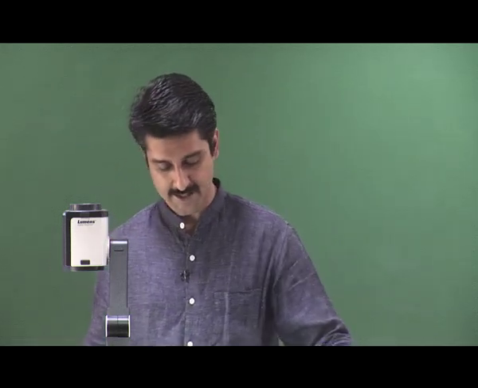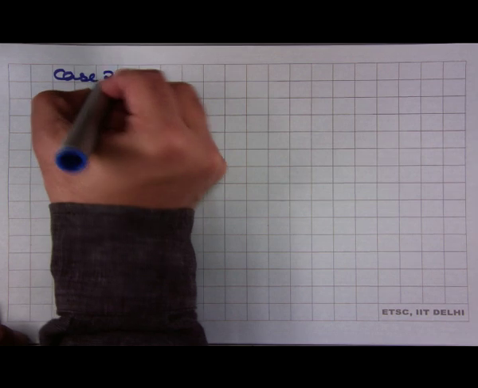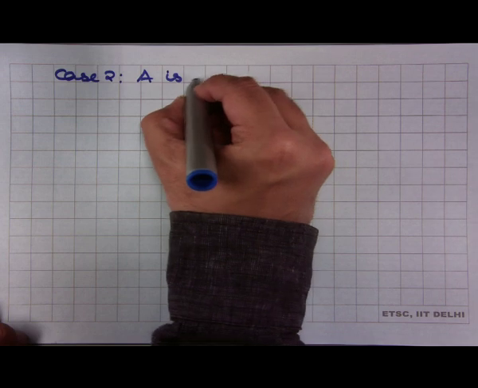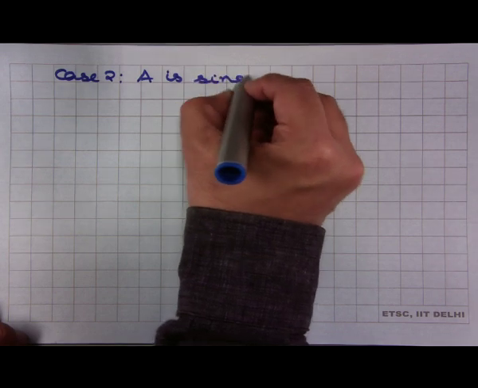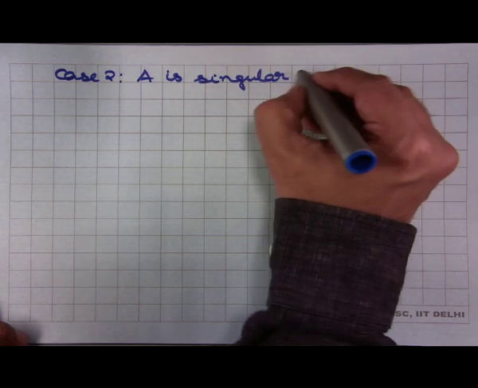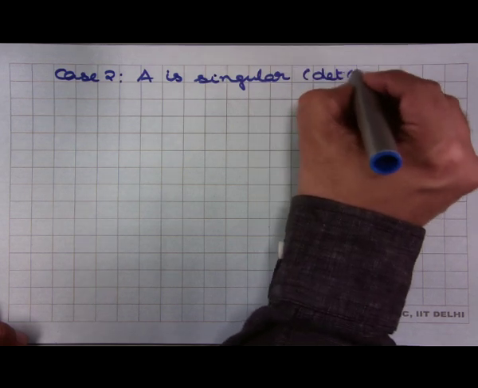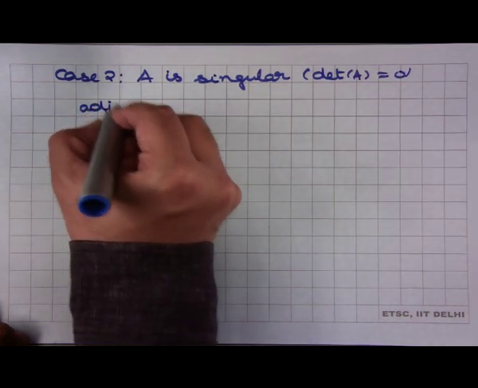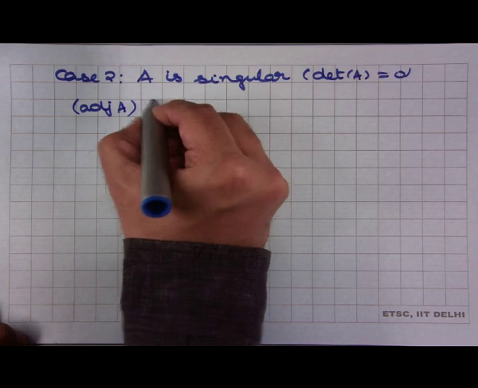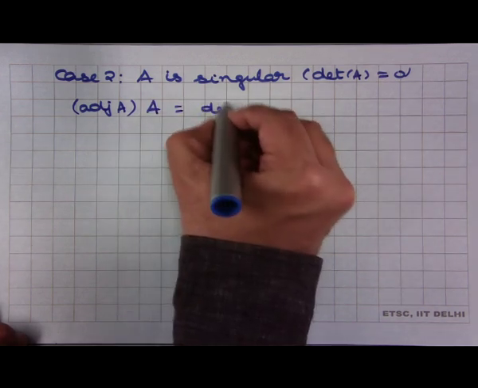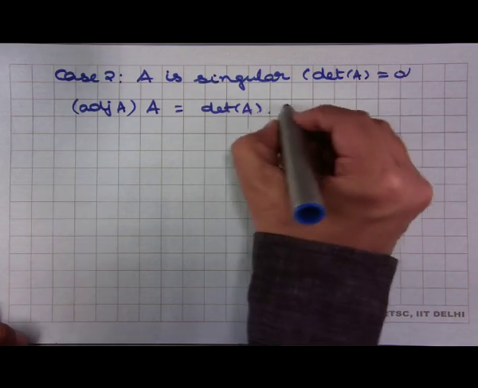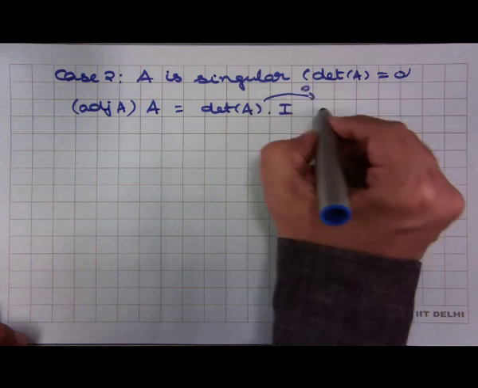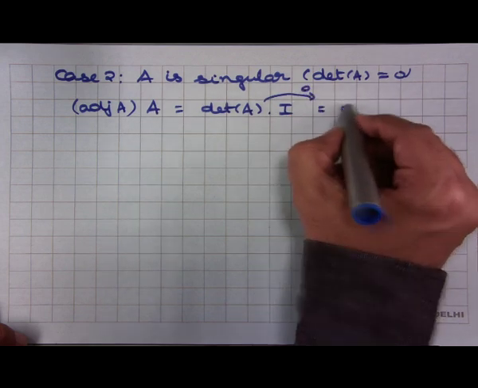So, the second case is if A is singular, that is, the determinant of A is 0. We had seen that adjoint of A times A is the determinant of A times identity, which, because this is 0, is equal to the 0 matrix.